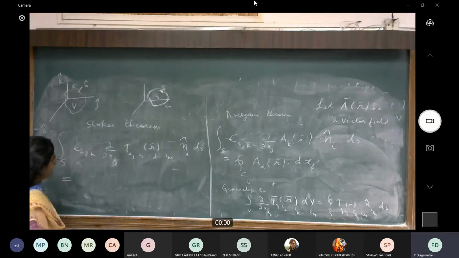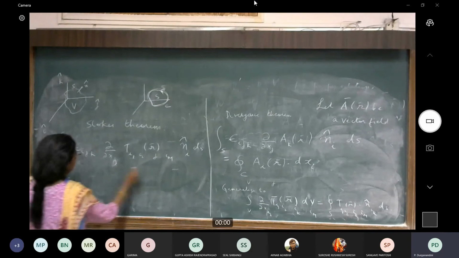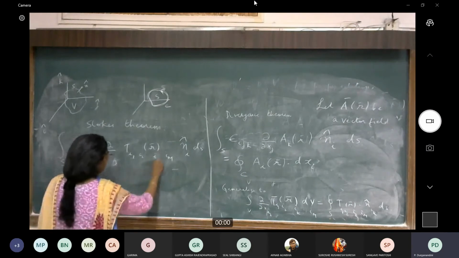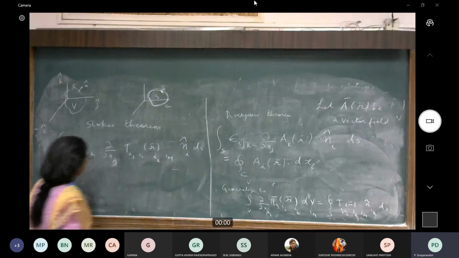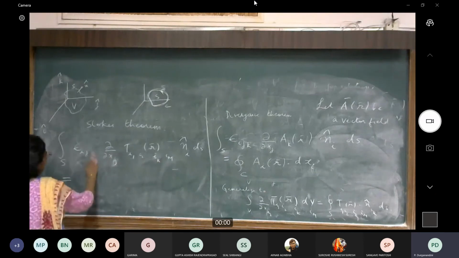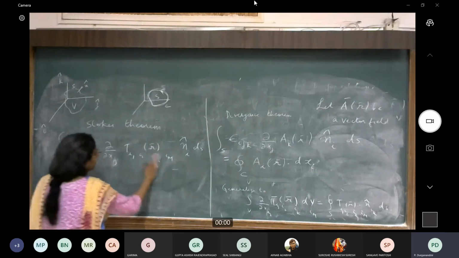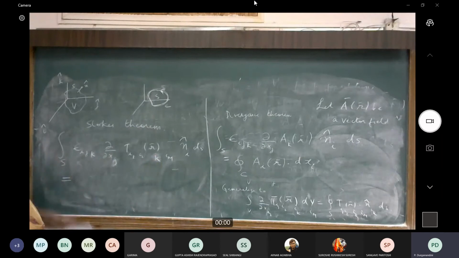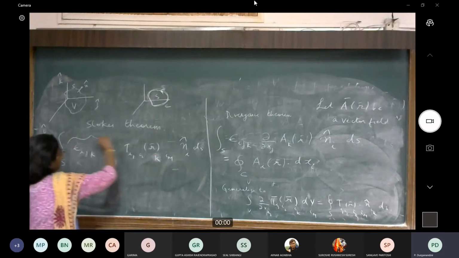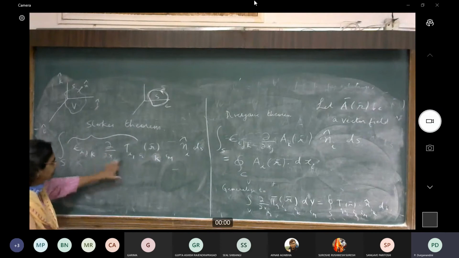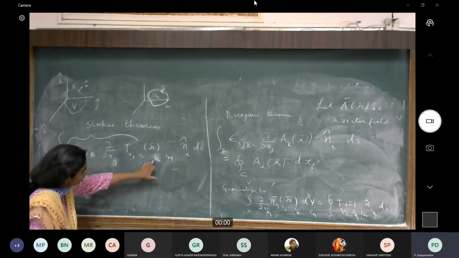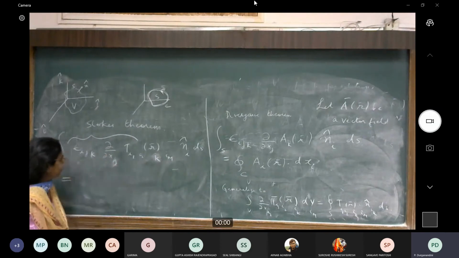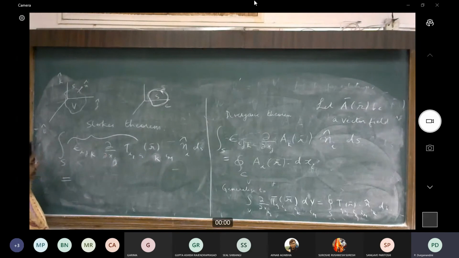I'm missing something. One second, let me just, yeah, there should be a k here. So okay, look at this object. I've taken del by del x_j of T_{i1, i2, ..., k} and the jth index of this object.